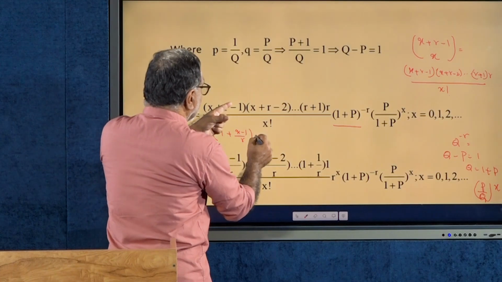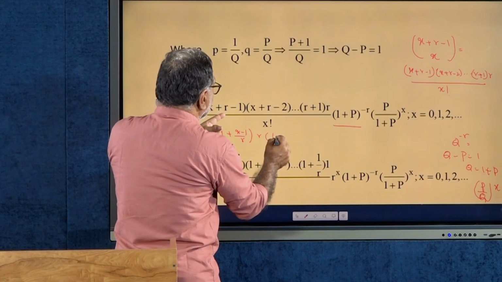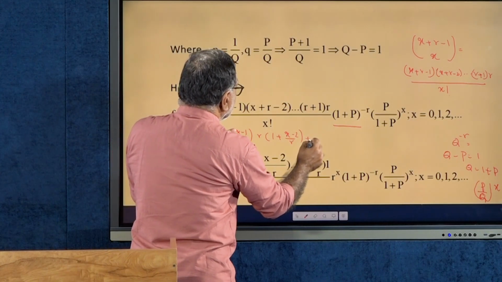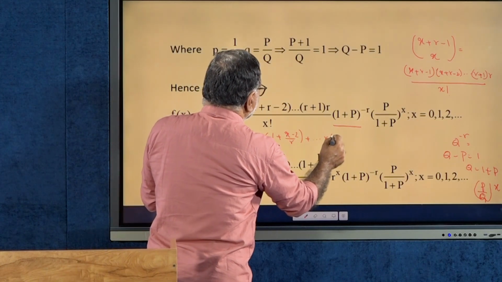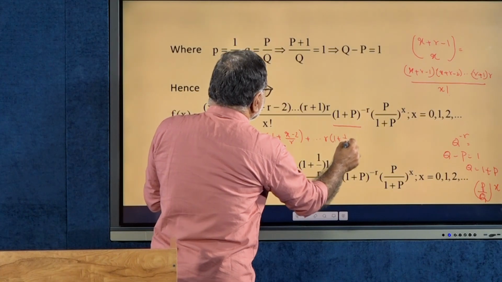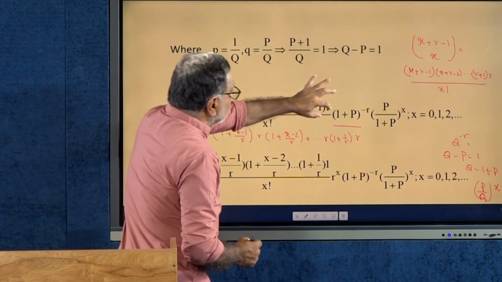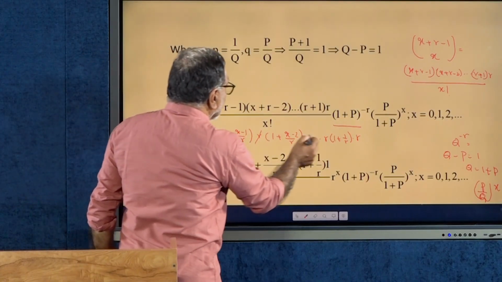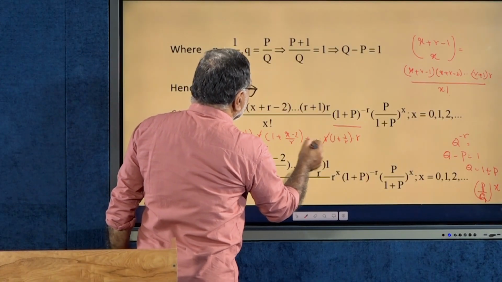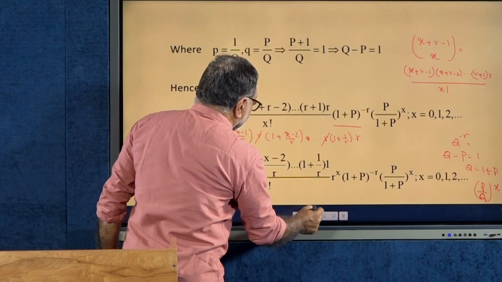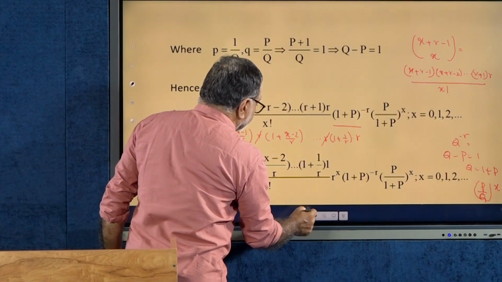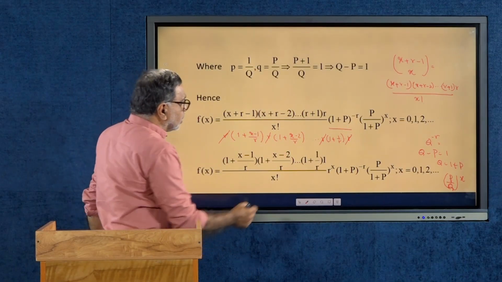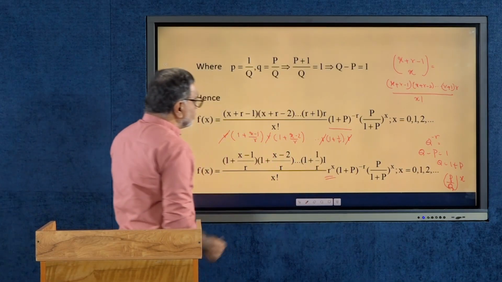And again this is r into 1 plus x minus 2 divided by r, etc. up to r into 1 plus 1 by r, into r. Okay. So, the numerator value is this one. So, all these r's are taken together, that is our r power x.